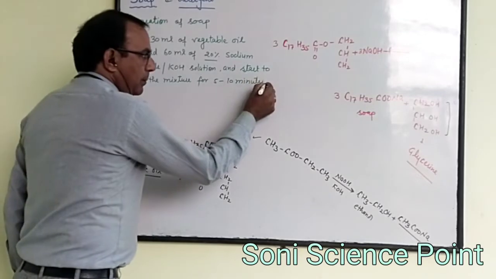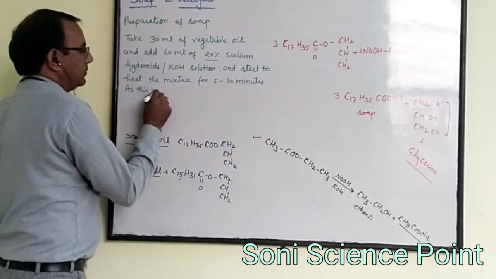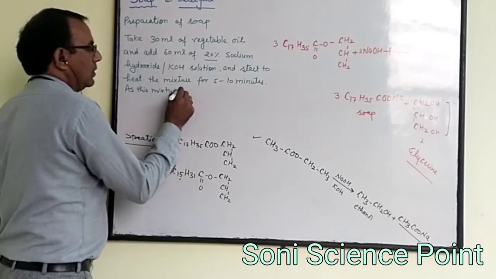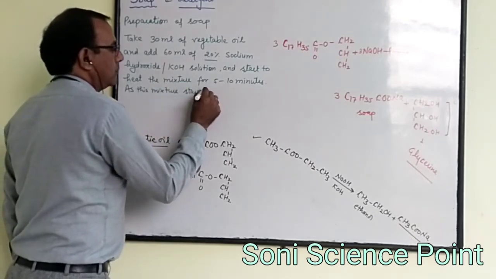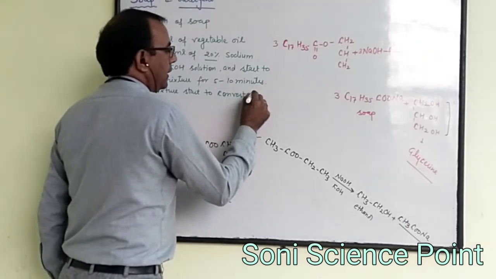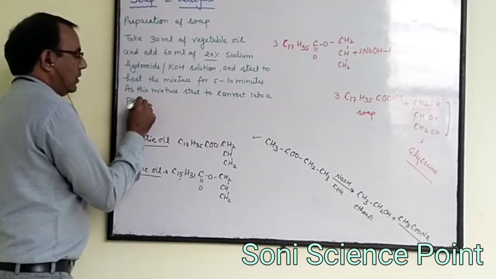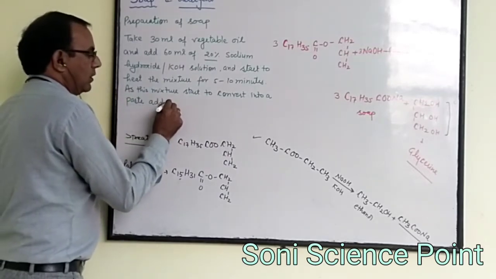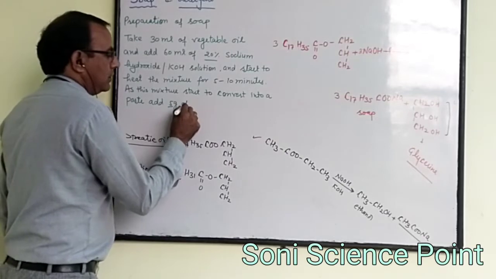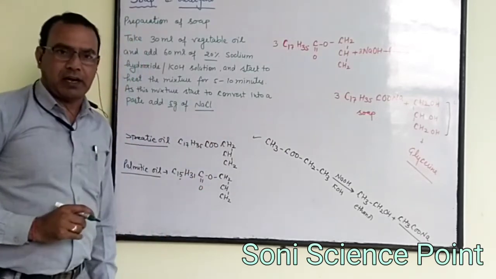When this mixture starts to convert into a paste, add 5 gram of NaCl, sodium chloride or common salt.